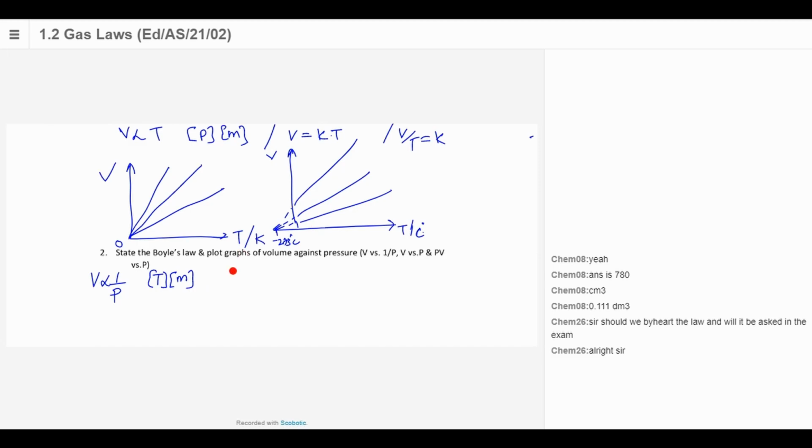So we can get rid of the proportional sign again, introducing a proportionality constant. And then we can say PV is therefore a constant, right? There are different ways to express Boyle's law.